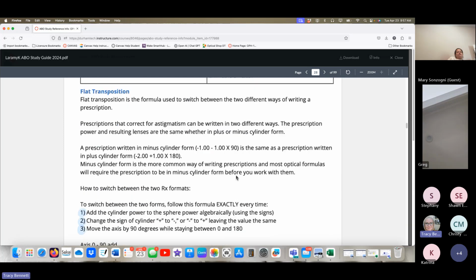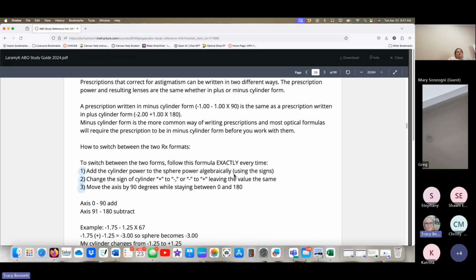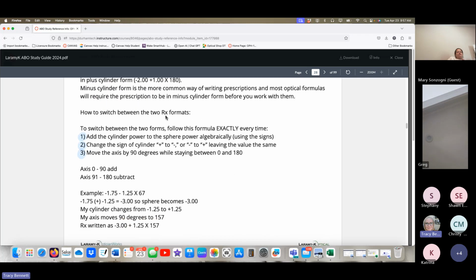Aspherics, we're going to talk about that in lab 2. Being able to switch between the two formats, transposition, I hope you all feel comfortable doing that without any problems. It's just 3 little steps.